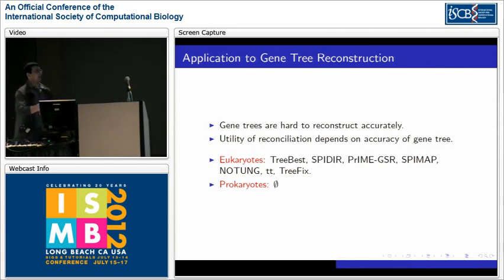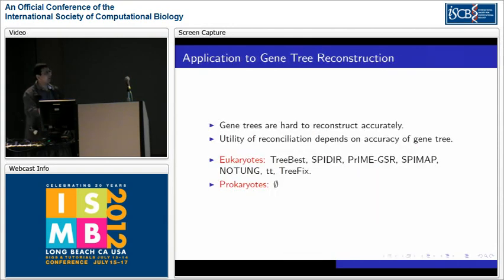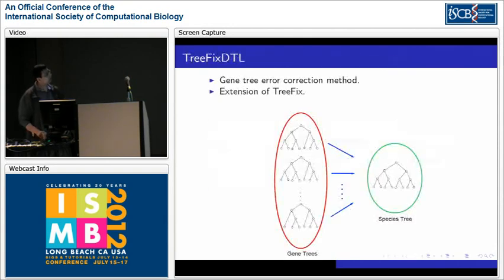So for eukaryotes, there are a bunch of methods that have been developed based on just a duplication loss reconciliation model. But none of these are applicable to prokaryotes because of the problem of horizontal gene transfer. So we wanted to fix that. We chose the best performing program for eukaryotes, which is Treefix, and extended it by swapping out the reconciliation module that uses duplication loss for our module that can handle duplication, transfer, and loss.